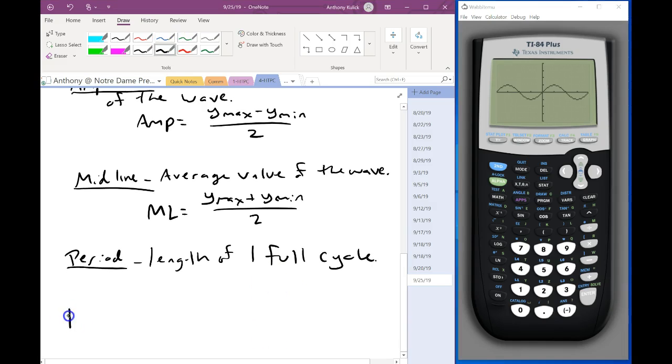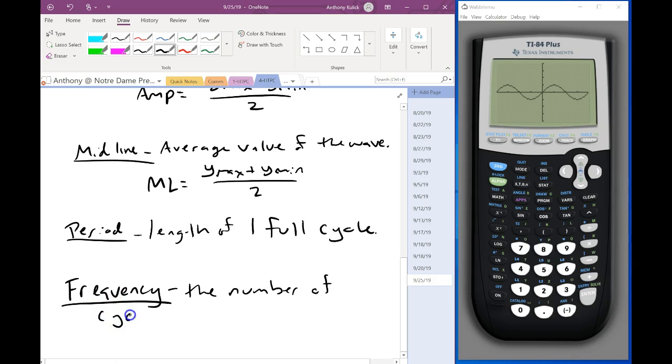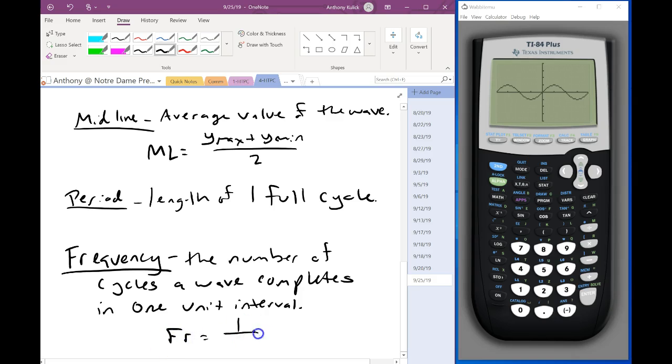And then the frequency. So the frequency is just the number of cycles the wave completes in 1 unit interval.